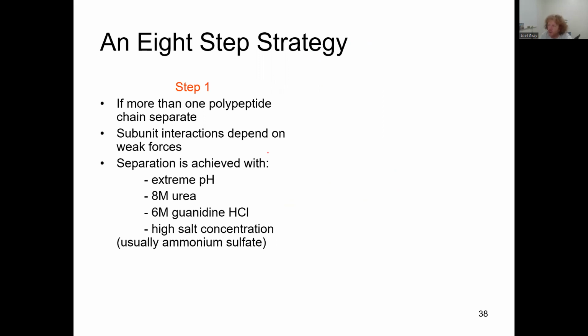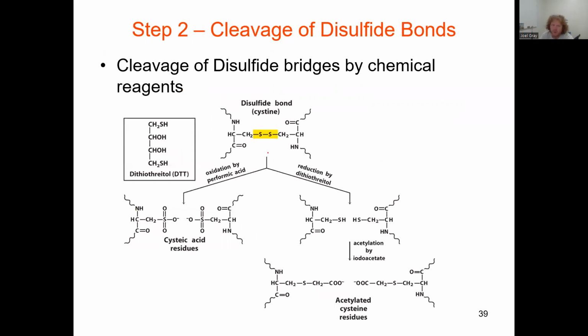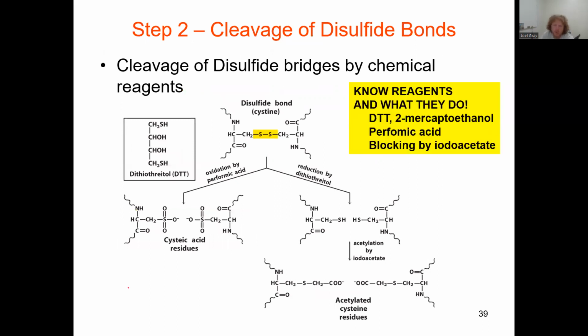Use extreme pH and urea, or 8 molar urea, or 6 molar guanidine hydrochloride. These extreme conditions are going to disrupt basically all types of interactions. Then, and this is very important, I want you to know what DTT is, dithiothreitol, and 2-mercaptoethanol.